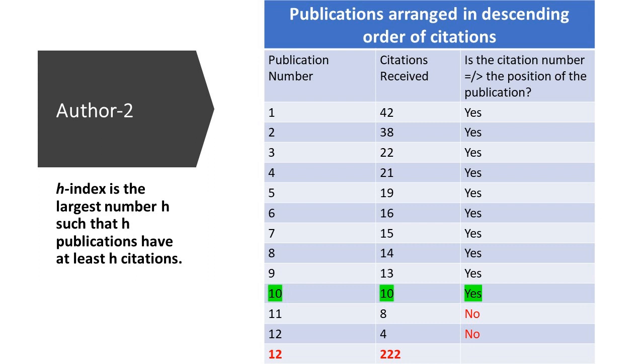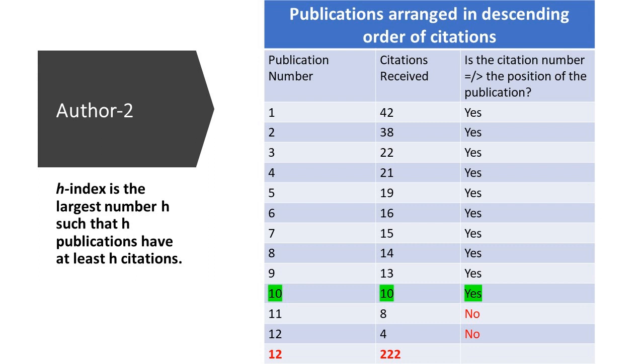So 10 is equal to 10, hence there is yes. Once you cross this, the 11th paper has received only 8 citations. So 8 is not equal to or greater than 11, hence there is no. Now 10 is the H index of this author.